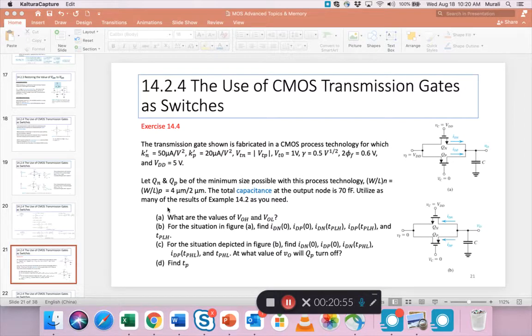Basically then we still have A, B, C, D. We don't have that one point in the previous example where we had to find some currents of the next stage, the inverter stage. Here luckily we only have to worry about this portion when the output is going high, and this portion when the output is going low, and not worry so much about the next CMOS inverter stage.